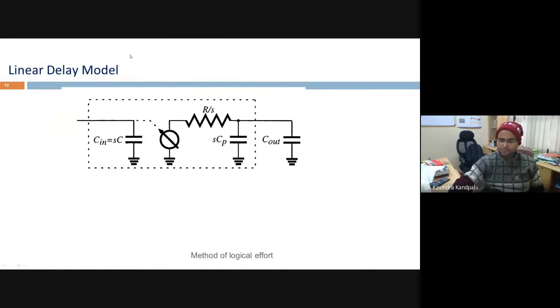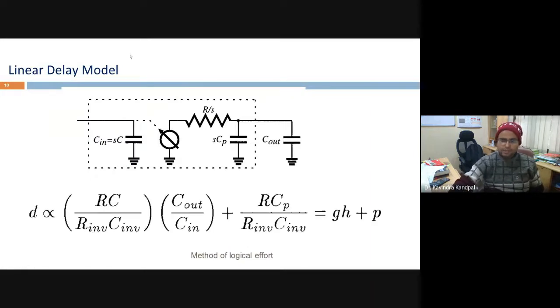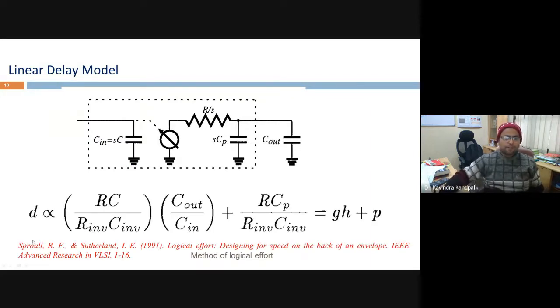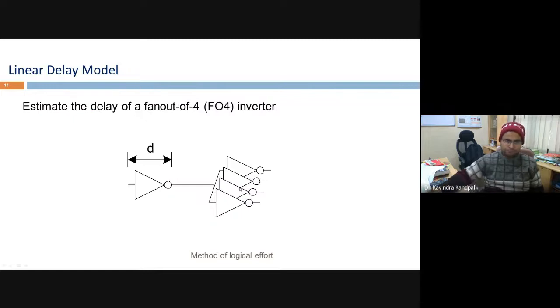If someone wants to see the derivation of how we reach delay equal to GH plus P, a simple transistor as a switch model has been discussed in the article which has been shared with you. You can simply go through it, but we will be directly using this. Delay is nothing but GH plus P times tau.